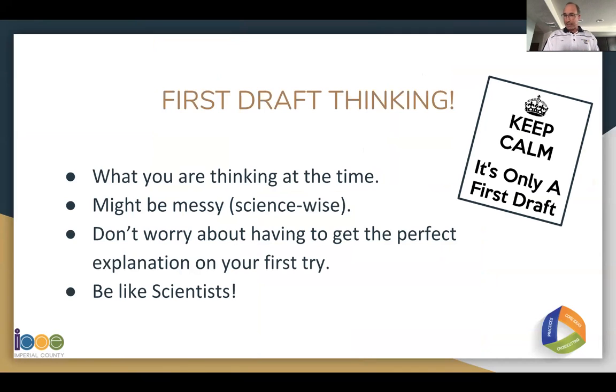Be like scientists, who may have five trials before they finally get it. Kind of like what's going on today with the coronavirus. Scientists are trying to put together models, and there are so many variables. Those models are changing by the day based on the data they're collecting.